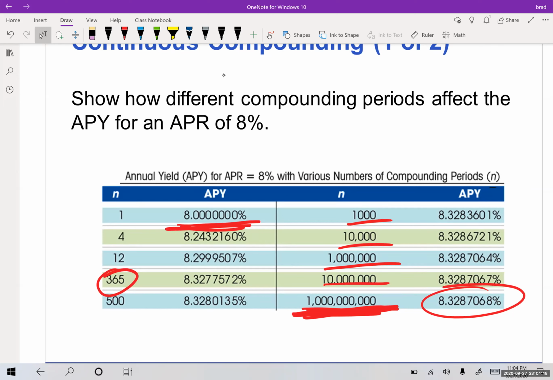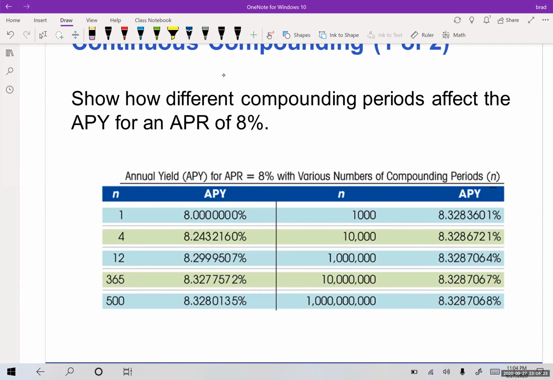So what this table is trying to show you is if you go through and do the compound interest formula for 8%, you do the same thing that I was doing, but you just keep using a different number of compounds. So you compound it once per year, then 4 times per year, 12, 365, 500, all the way to a million. It's really not going to increase the amount of money that you get as much as you would think. It's a very small amount.